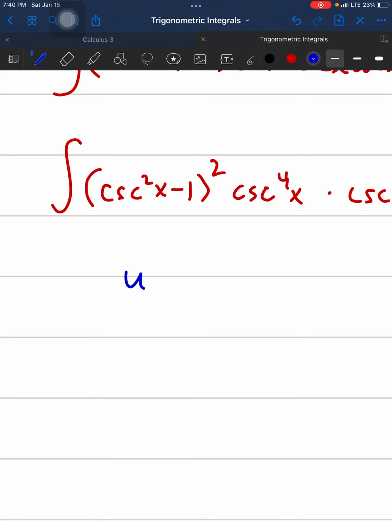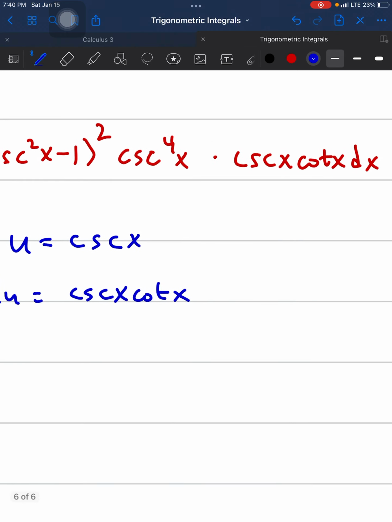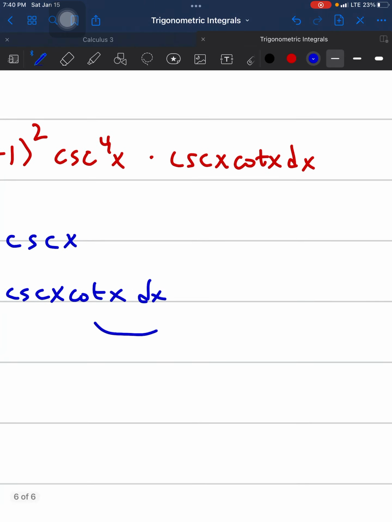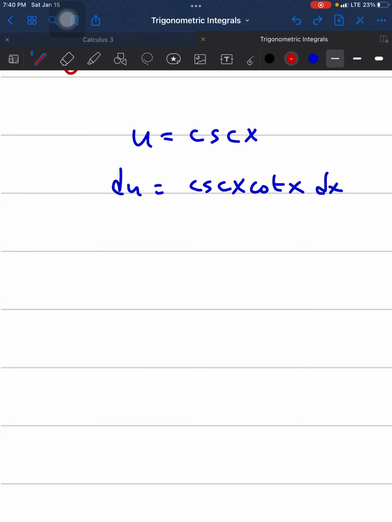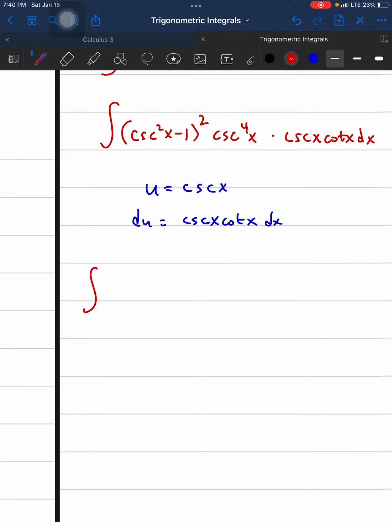Let's substitute in cosecant for u, because we made everything in terms of cosecant. So u is equal to cosecant x, and then du is cosecant x cotangent x dx, and that's perfect because we have that right there. Now we can switch to terms of u.